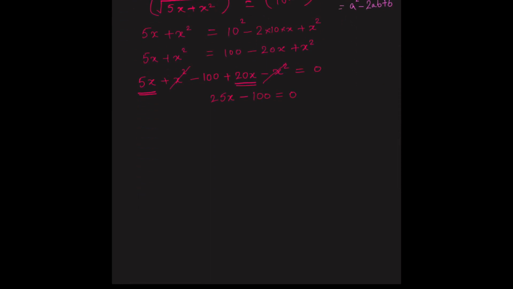If we add 100 on both sides, we get 25x is equal to 100. Divide by 25 on both sides, and x gives us x is equal to 4.